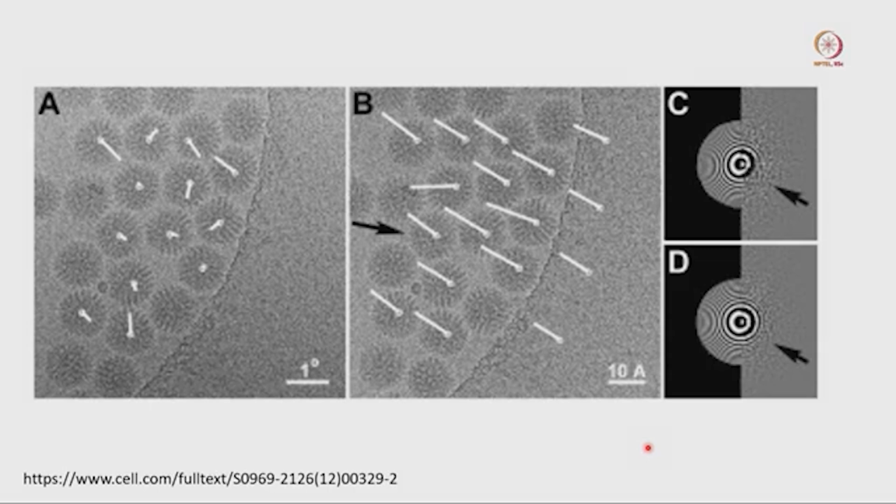As I mentioned, if you are just targeting a bacteria or a virus image, even if we do not do the motion correction, it is not going to change too many things.